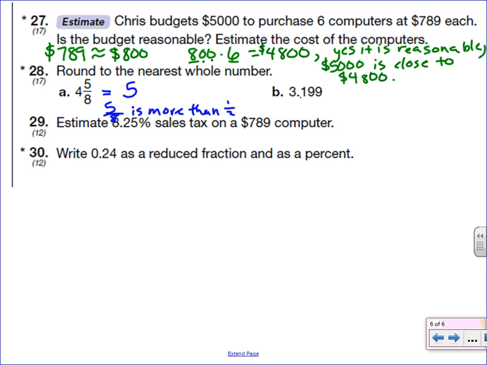The decimal 0.199 is less than a half. So the 3 is going to stay a 3. And I should have put squiggly equals, like I just said. Squiggly equals means that you're rounding. It means about equal to.